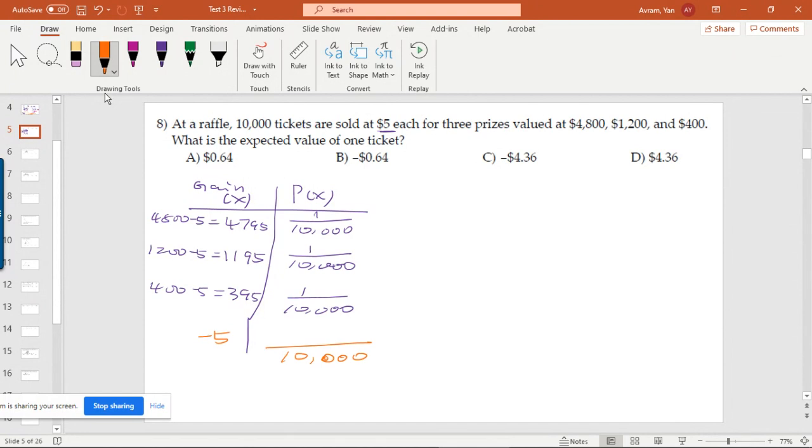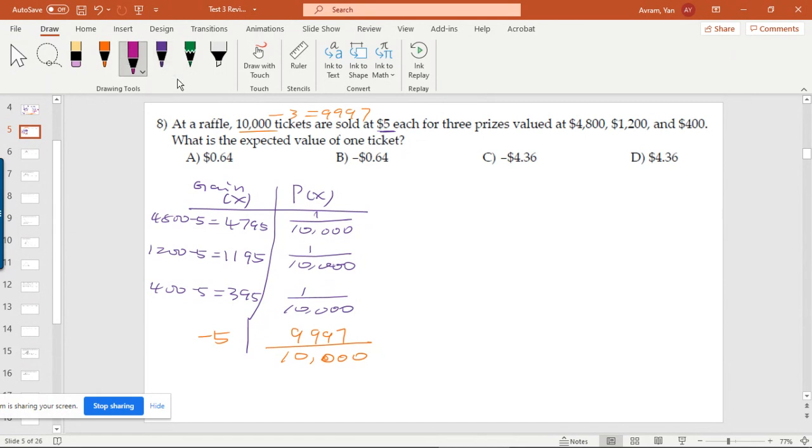Well, you only have 3 prizes here. So 10,000 minus 3 will give you 9997 chances over 10,000. This is the chance you're going to just donate $5.